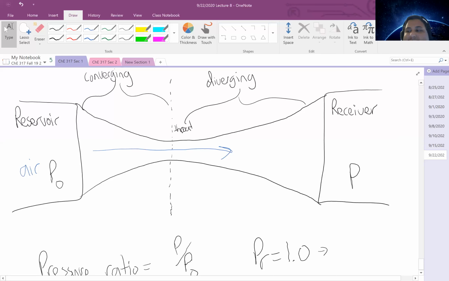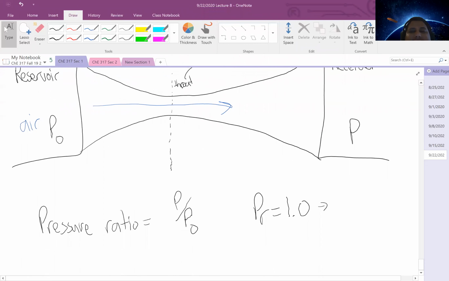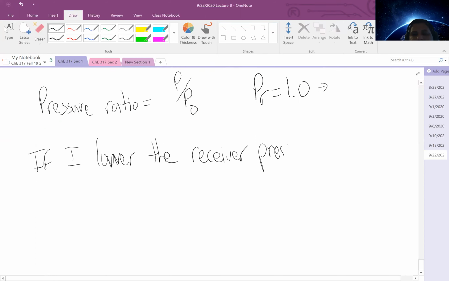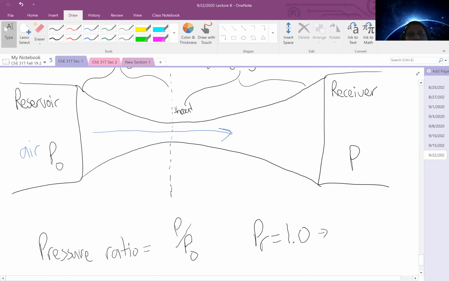Now, what happens if I lower the receiver pressure? If I lower the receiver pressure, where now my pressure ratio is less than 1, do I expect my velocity to be 0 or greater than 0?